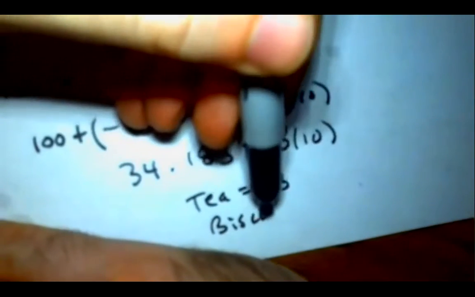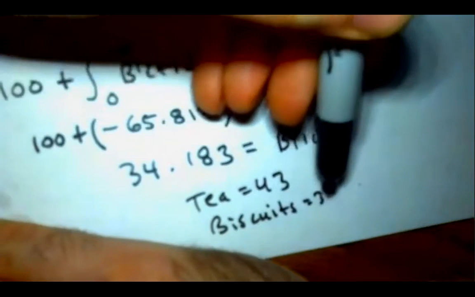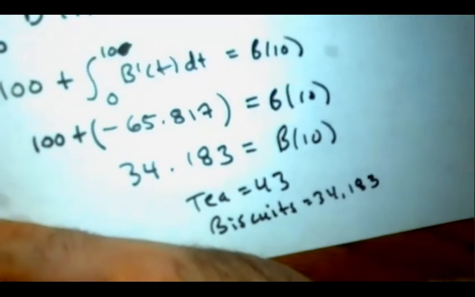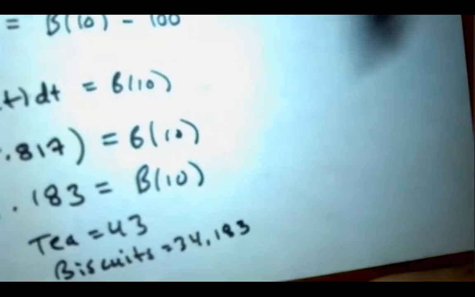The biscuits are 34.183. So what's my actual answer here?